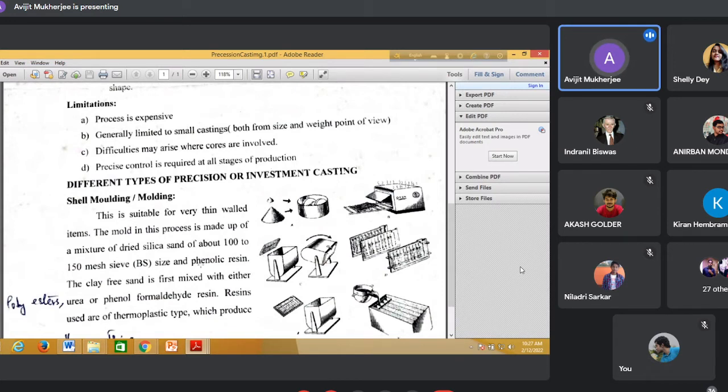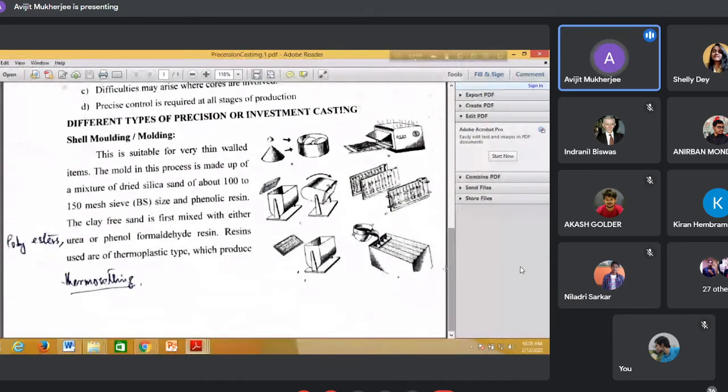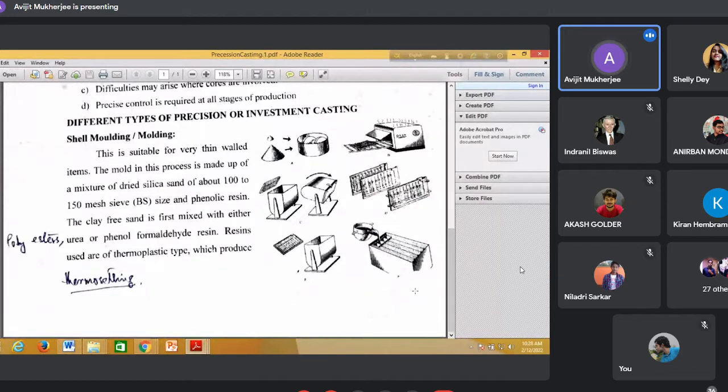Additives may also be used. So dry silica sand of 100 to 150 mesh sieve size is mixed with phenolic resin as binder. Okay. Now phenolic resin may be polyesters, urea, phenol formaldehyde, etc. And all these are mixed thoroughly in a Muller. Muller means a mixer. Say this is a Muller or a dump box here.